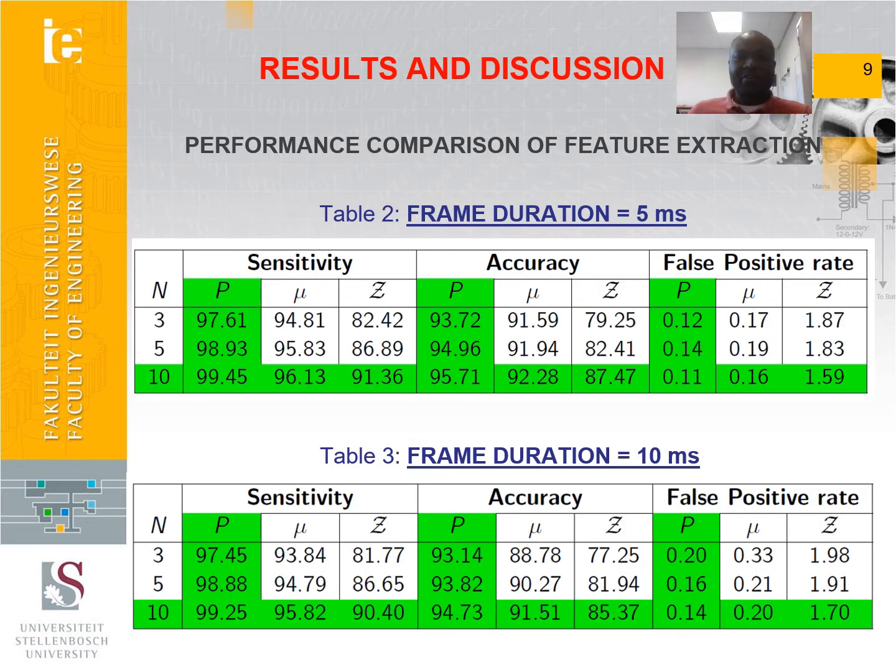Moreover, increasing the frame duration from 1 millisecond to 5 and 10 milliseconds respectively, we could see in Tables 2 and 3 that the performance of the extracted features at states N equals 3, 5, and 10 has shown that, one, power is the most sensitive, it's most accurate, and yields the least false positive rate compared to mean and zero crossing rate.